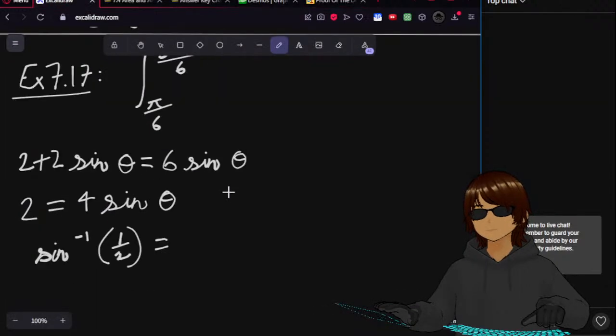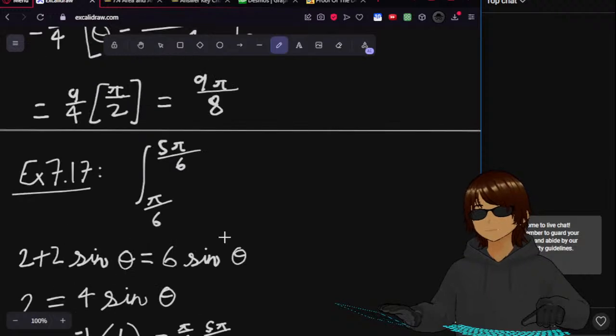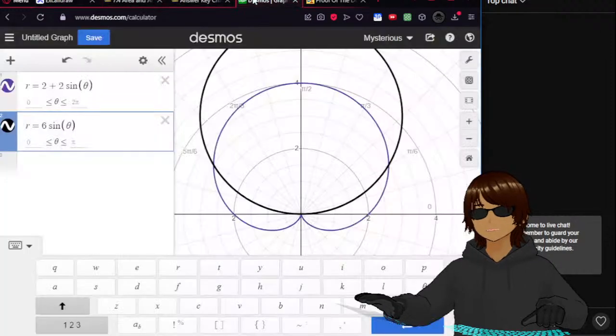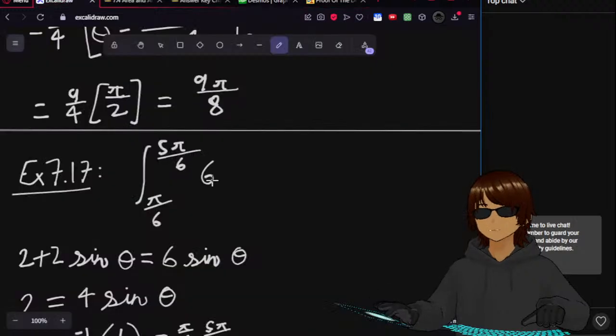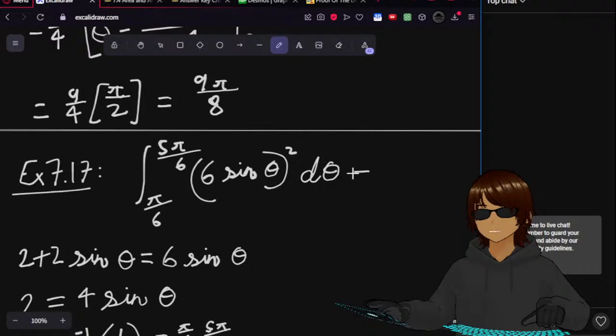And now we take sine theta squared d theta, minus it with the other.